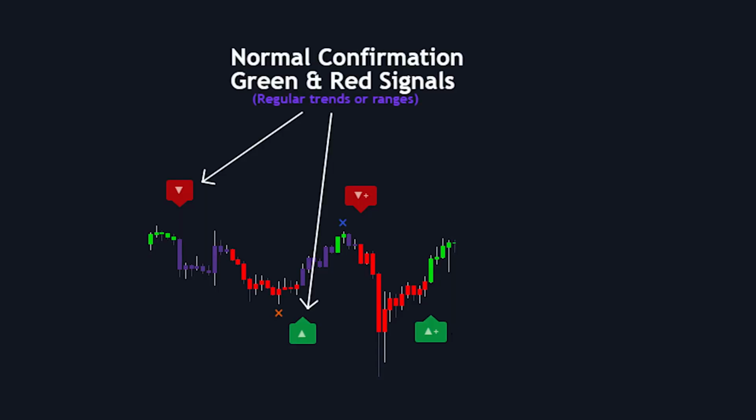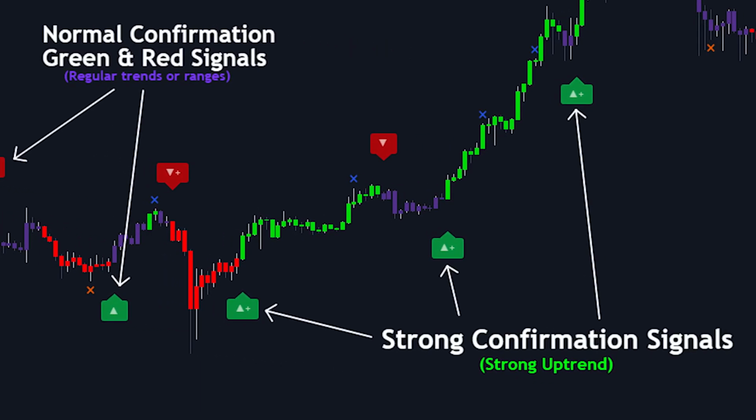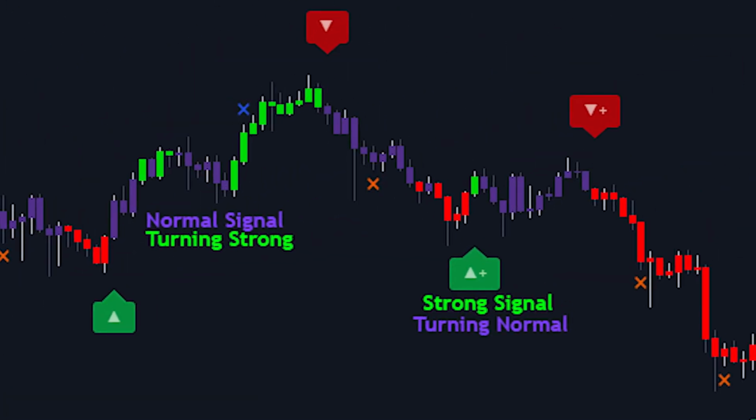Before we get into some examples and how all of the features can be used together, let's just highlight all of the current features included in the indicator. We have normal trend confirmation signals with green and red arrows, as well as strong signals marked by the plus symbol, specifically designed to help you confirm trends. Candle coloring with purple, green, and red to visualize trends developing between normal and strong.